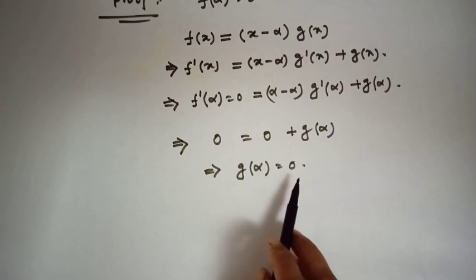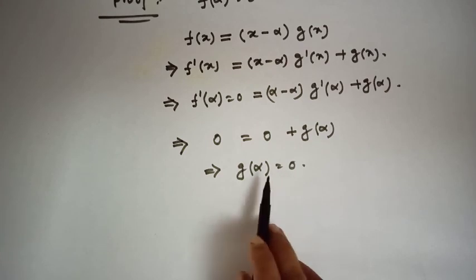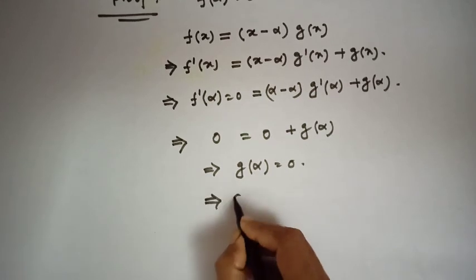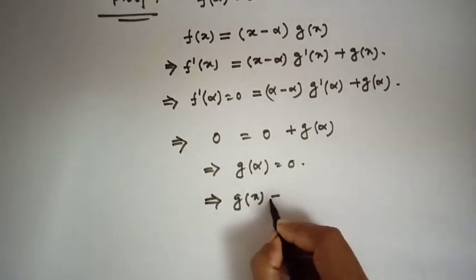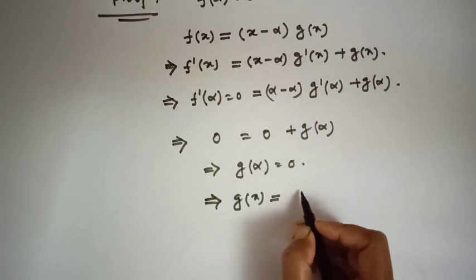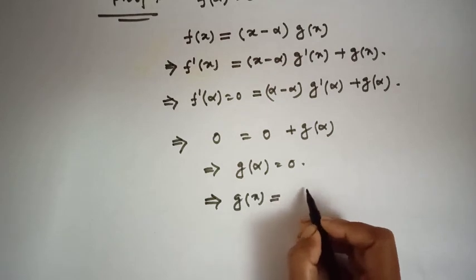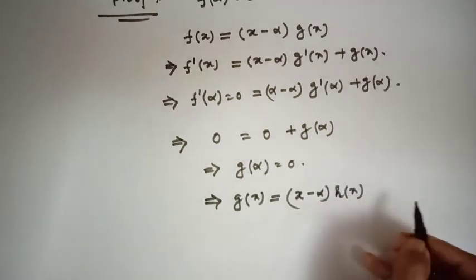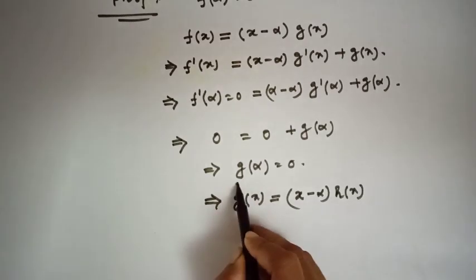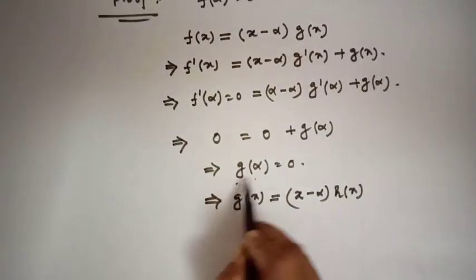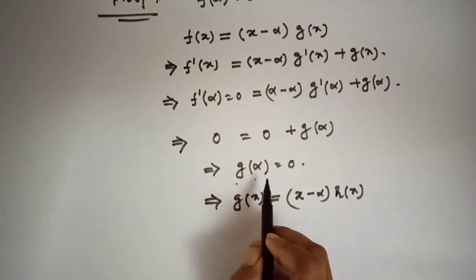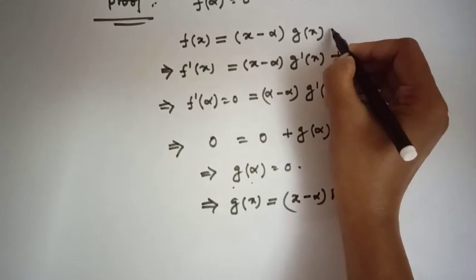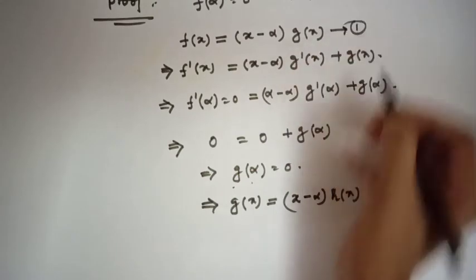Since g(alpha) equals 0, from corollary 1 we can write g(x) equals (x minus alpha) times h(x), okay, because alpha is a root of the polynomial g(x). Put the value of g(x) in equation 1.